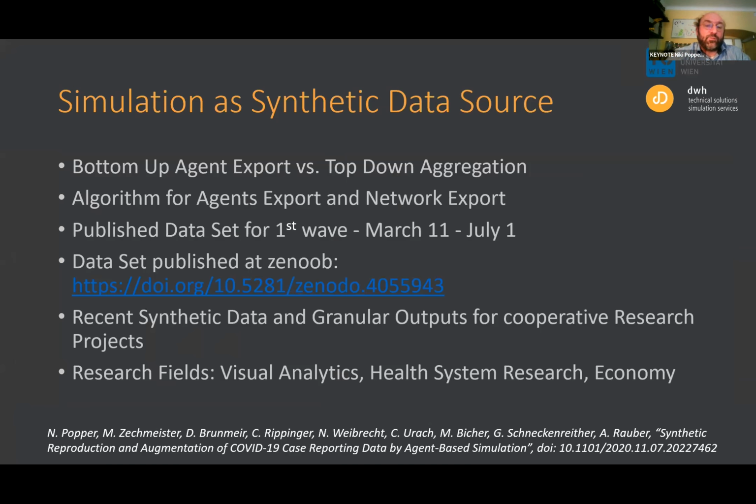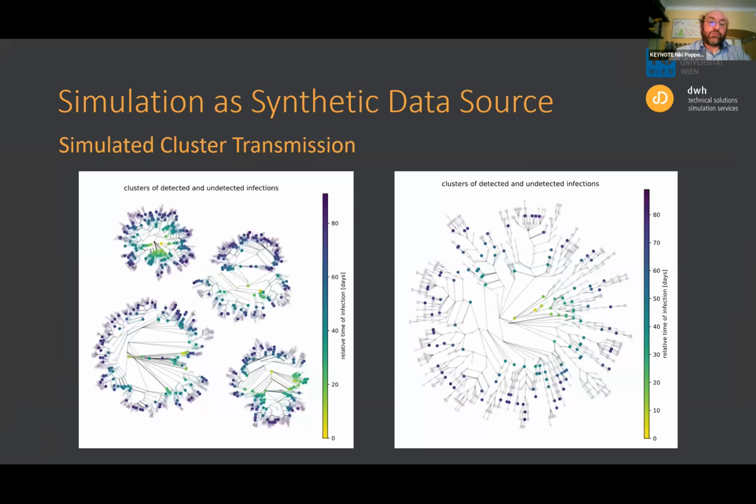So the data set is published at Keynote in the first step for the first wave from March to July. But at the actual moment, we already work also on various activities to give the data in a more detailed way, so that, for example, we can provide really 8.9 million agents and their networks to other researchers.